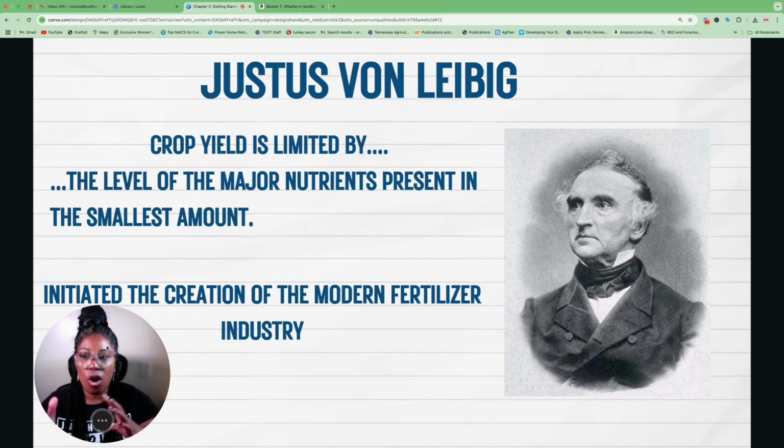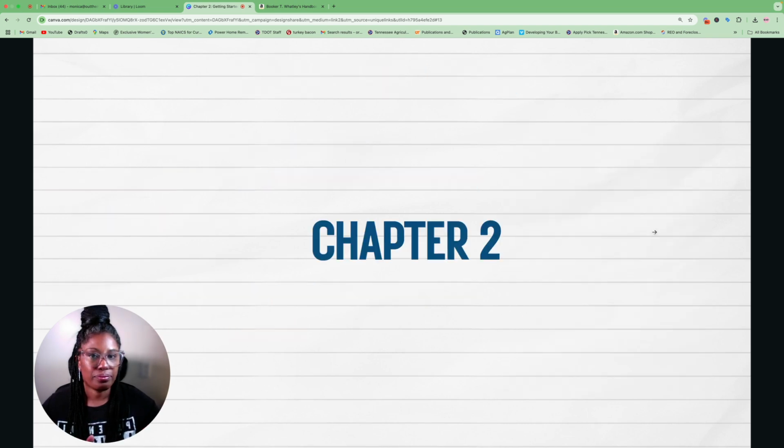So that's the law of the minimum. He basically said, if we can put in more input, right, then we can get more output. So he is credited with initiating the creation of the modern fertilizer industry. The way that things work today are in large part because of this law of the minimum that chemist Justus von Liebig came up with.